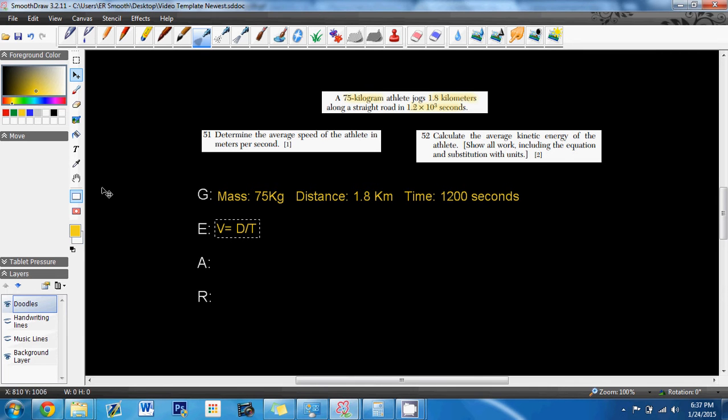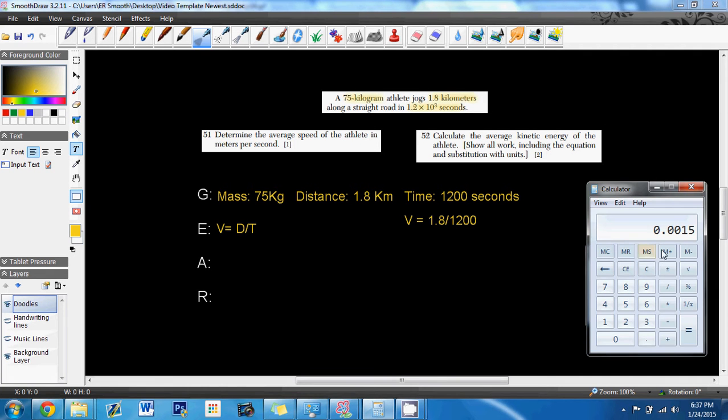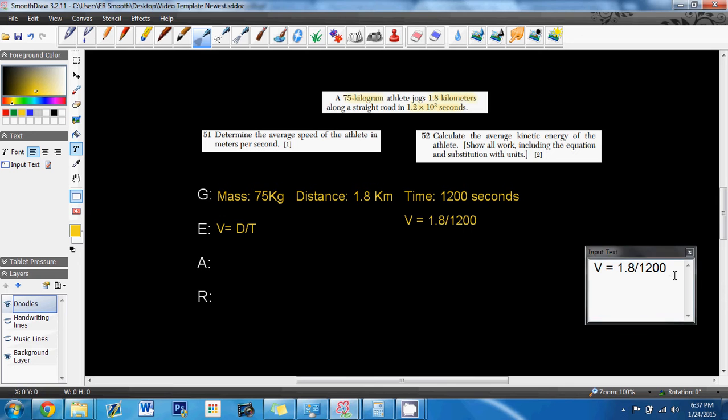So we will do v equals 1.8, which is the distance, over the time, 1,200, right? So you'll get 0.0015. So if you put that to the third power, you move the decimal three places to the right, you'll get 1.5.